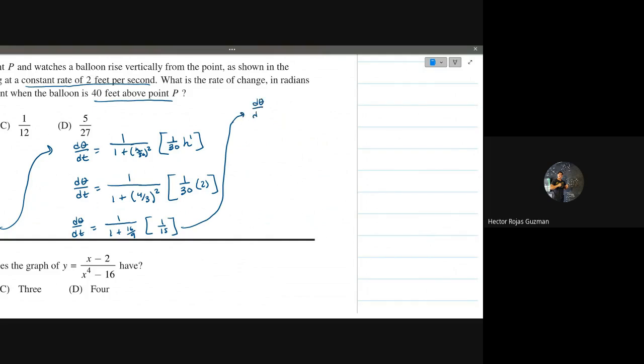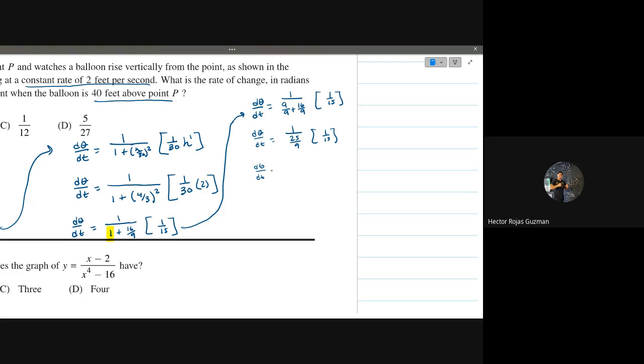We're going to have to get a common denominator. This 1, you can think of as 9 over 9. d theta dt equals 1 over 25 over 9 times 1 over 15.